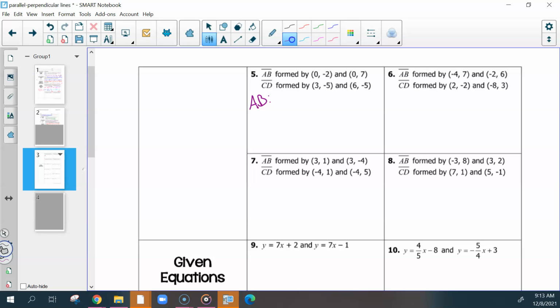Alright, so for number 5, I'm going to go ahead and label them. If you don't need to label them, then that's fine. So that would be 7 minus -2 over 0 minus 0.